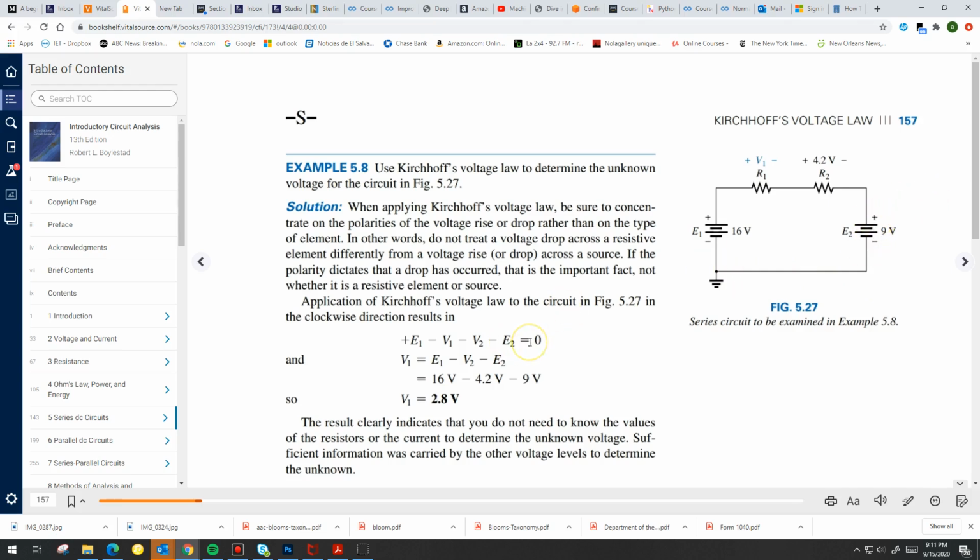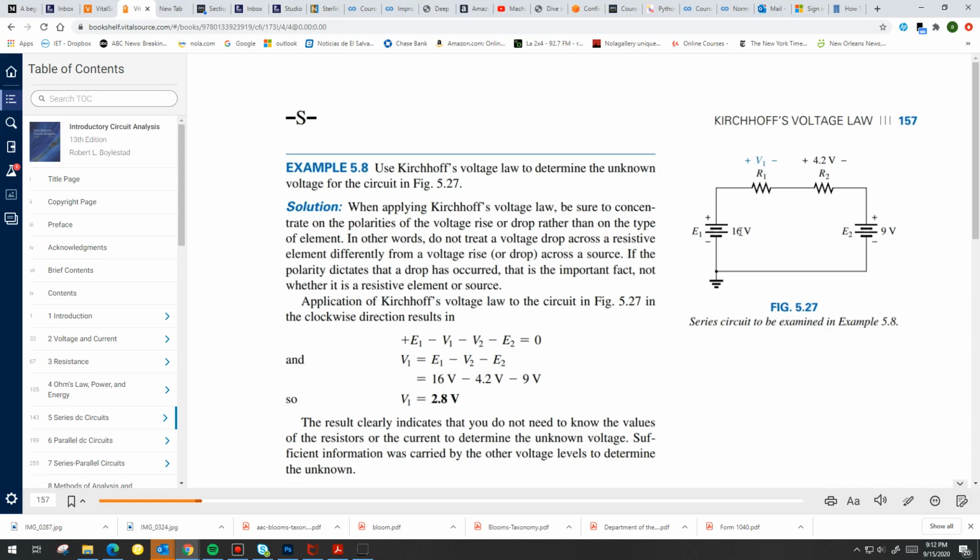So the algebraic sum of all the voltages, the gain and the 3 drops, should be equal to 0. That's what KVL says, okay? And that's all I'm following. I'm just following the polarity to tell me where the gains are or where the drops are.